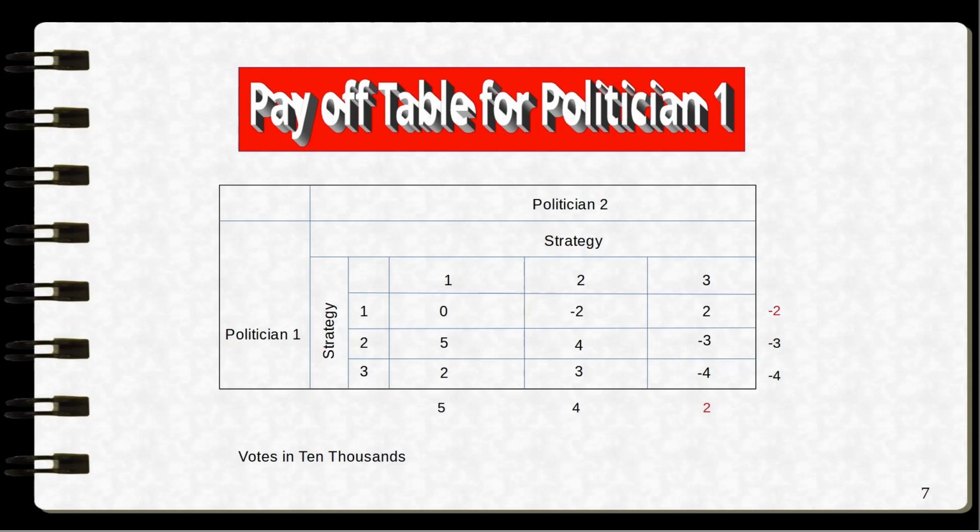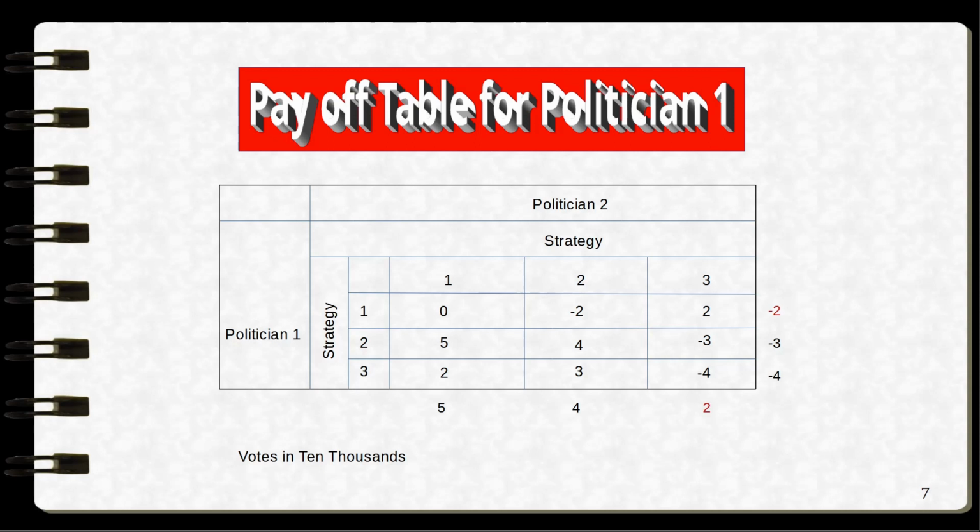Now, what would be here? Well, politician number 1 would gravitate towards strategy 1. But politician number 2 would naturally gravitate towards strategy number 3. So, as we can see here, both do not meet a common strategy.